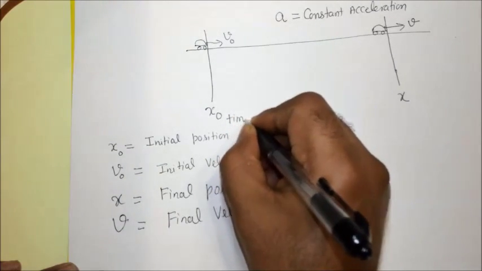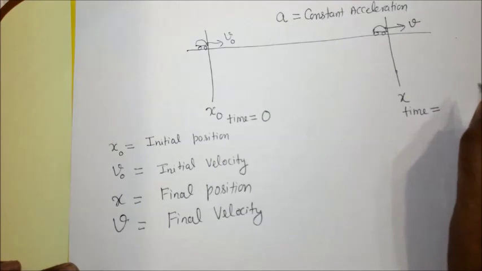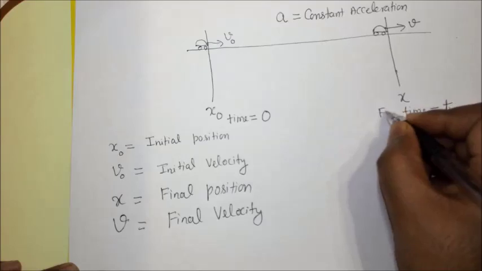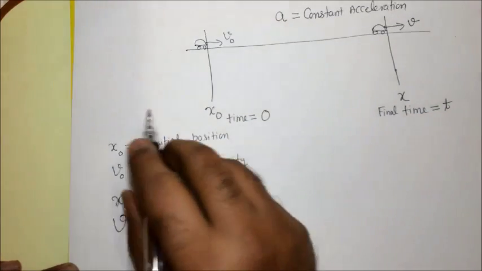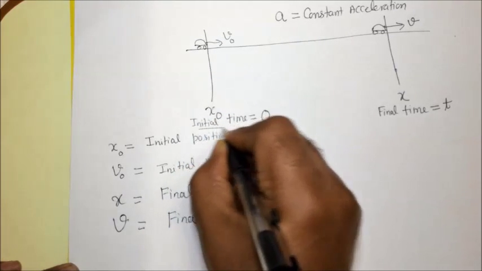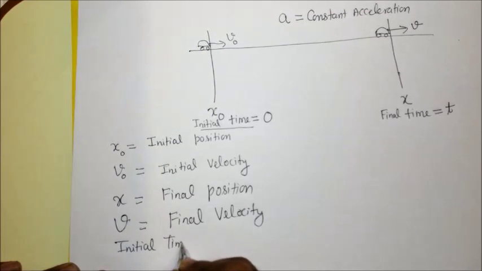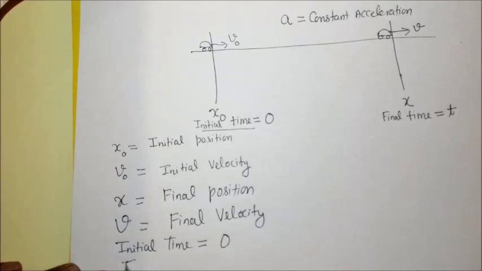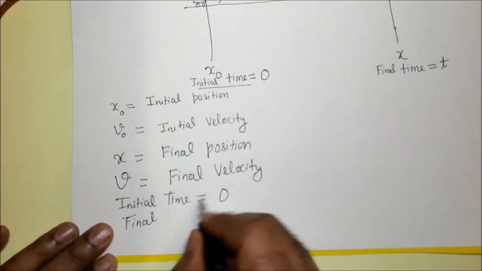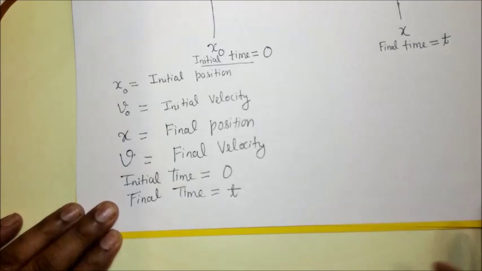Initial time is 0, and the final time I can give a symbol t. This is the final time.